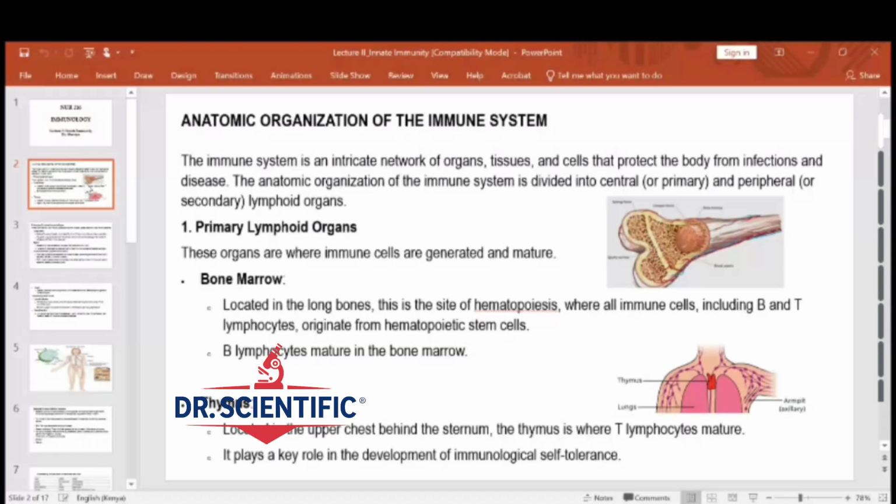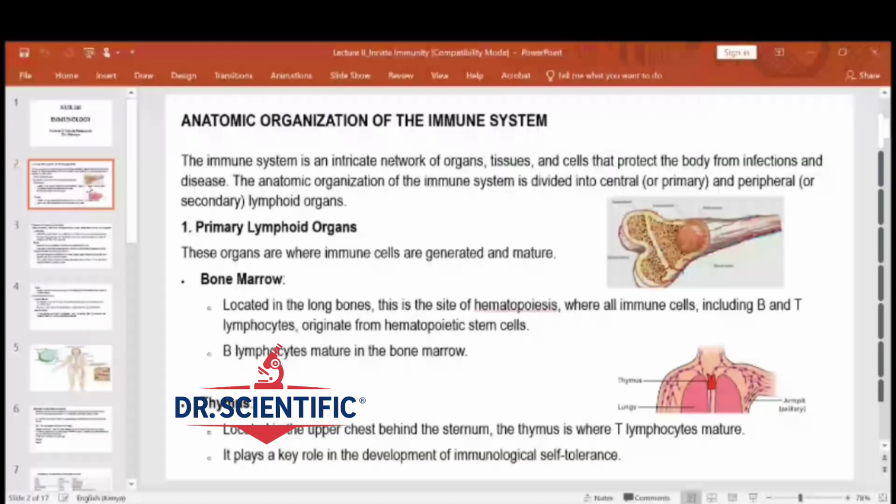But before that, we look generally at how the immune system is positioned anatomically. There are two key features as far as the immune system in general is concerned, meaning both the adaptive and the innate.